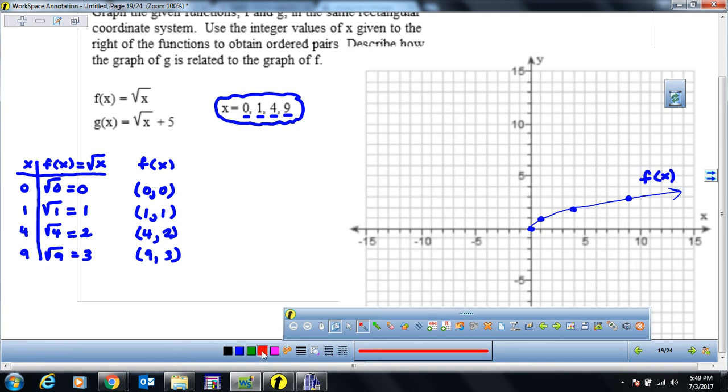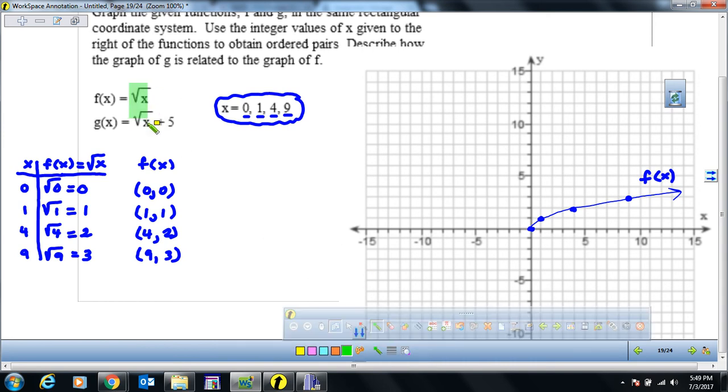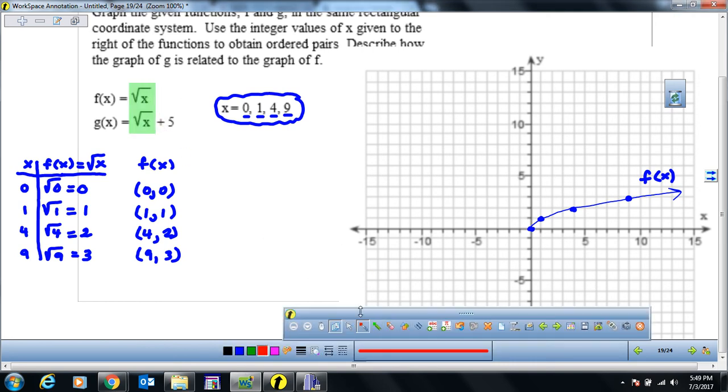Now, the next thing that we're going to do, remember that these two functions, f and g, are the same equation, square root of x and square root of x. The only difference is that g of x has a plus 5, meaning that all of the y values will be added 5 units.